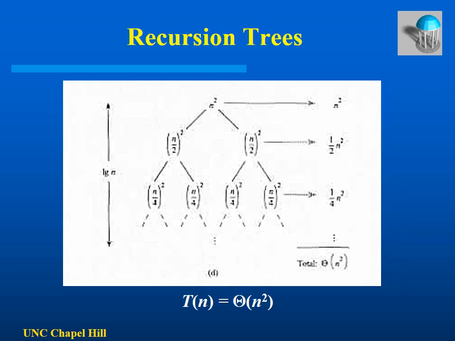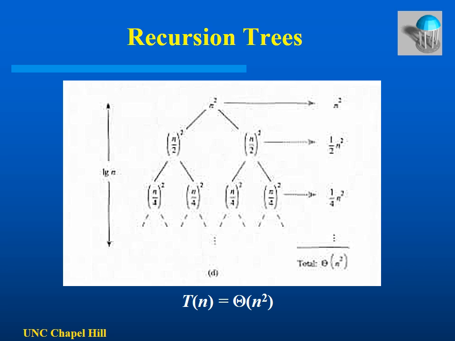When we finish producing the tree, we see that there are log n levels, and at the top level there's a single entry of n squared, and so we put n squared. The second level has two entries: the left one's n squared over 4, the right one is n squared over 4. The sum of those two is n squared over 2. And we put that as the total time to work at that second level.